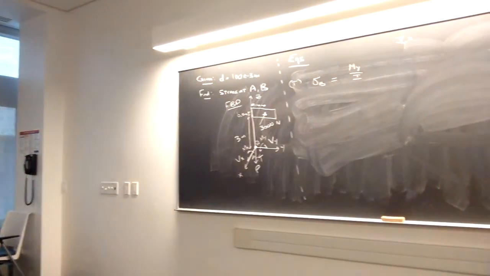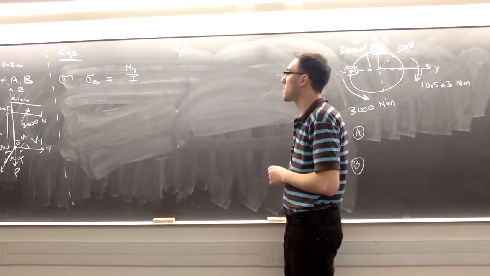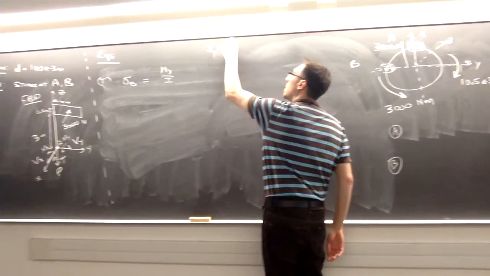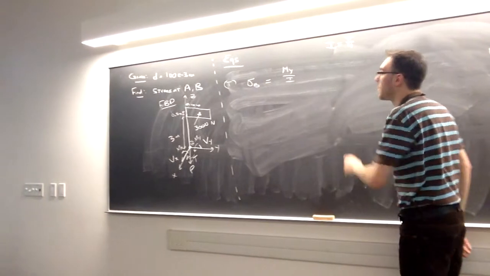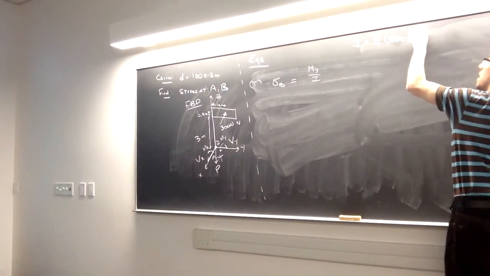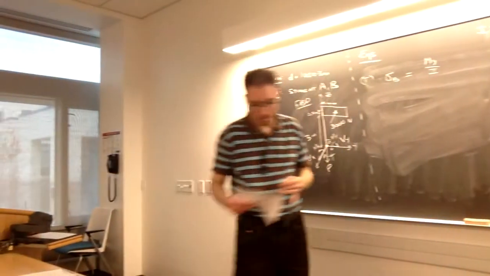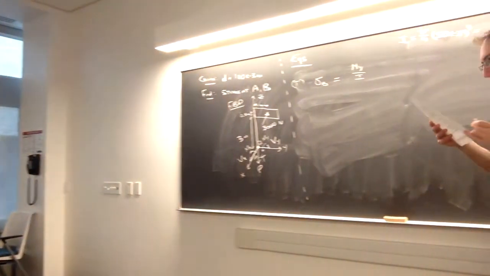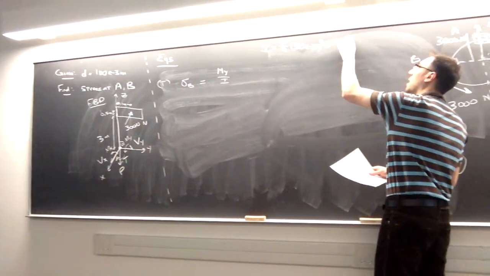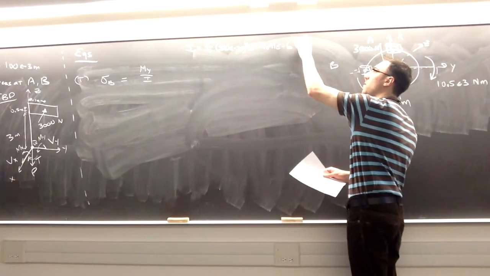Actually, we can calculate right now the value of I because it's a solid circular cross-section. It will be pi over 4 r to the fourth. So our value of I, we get 4.91 times 10 to the negative 6 meters to the fourth power.